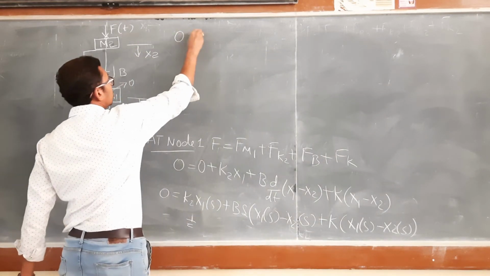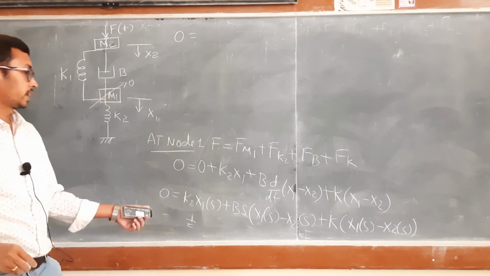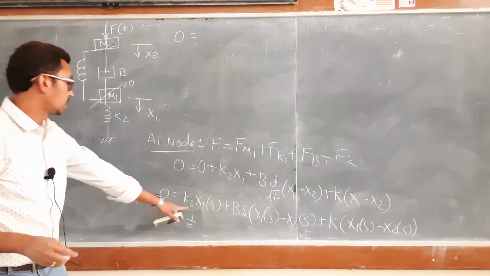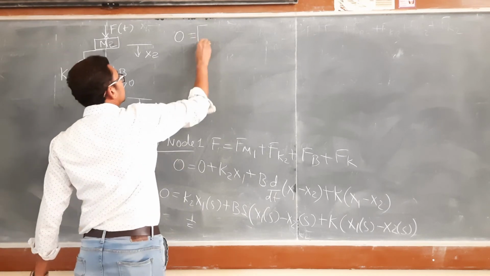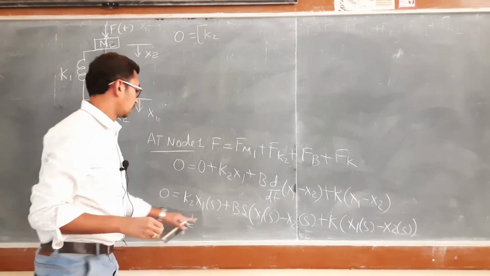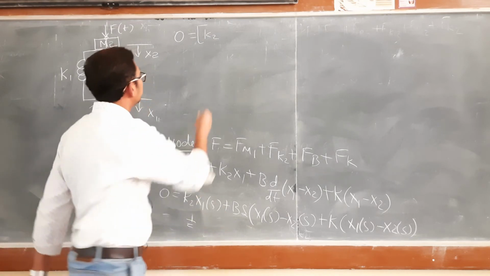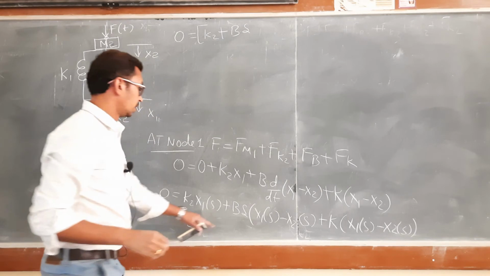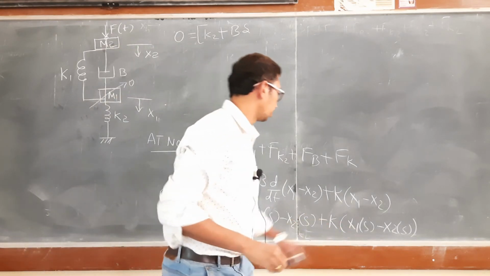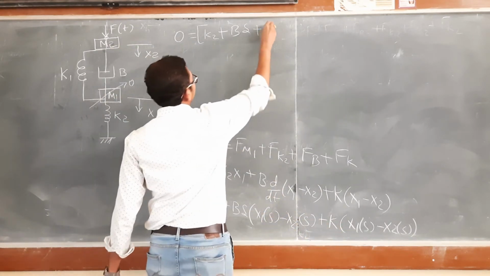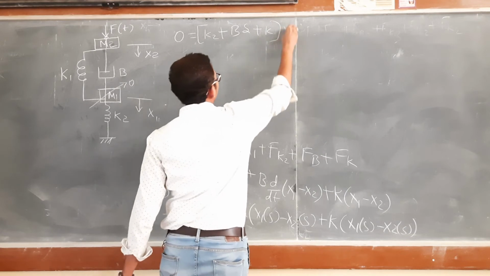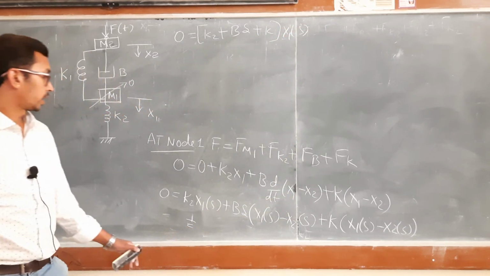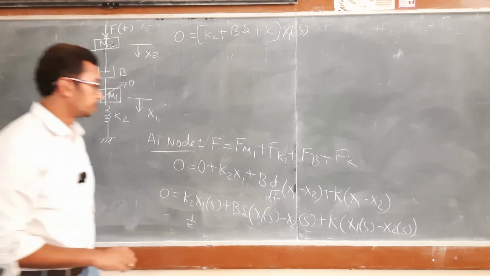This is 0 is equal to, what are the x1 terms? I am taking x1 as common. So here will be K2, in this term it will be Bs, and in this term it will be K1, all multiplied by x1 of s. Next, what are the terms related to x2?